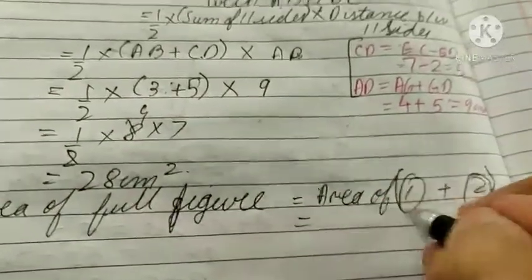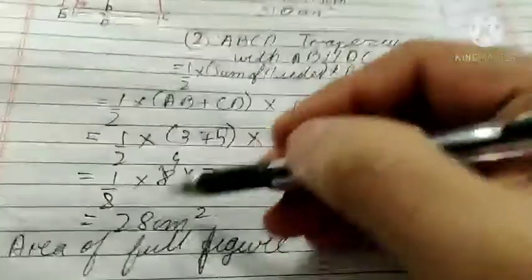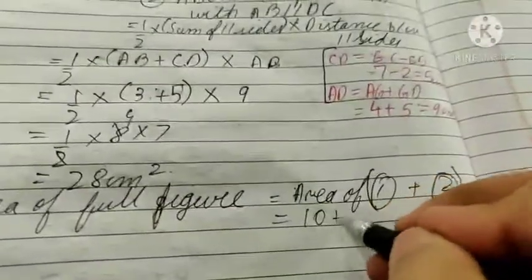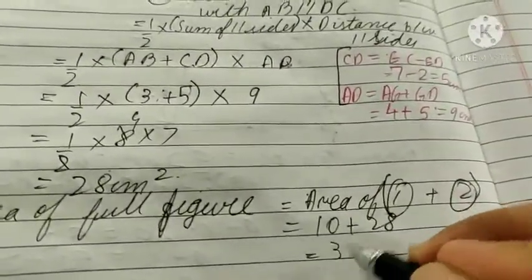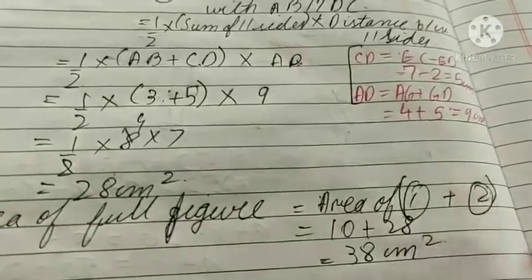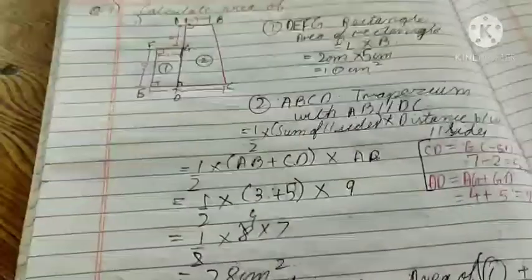Okay, area of 1 here is 10 and area of 2 here is 28. 10 plus 28, that is 38 centimeter square. Okay, this is the answer of this figure.